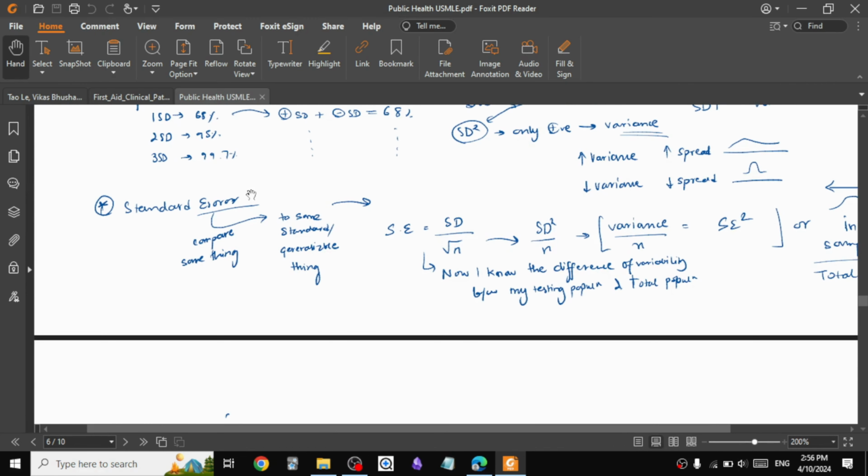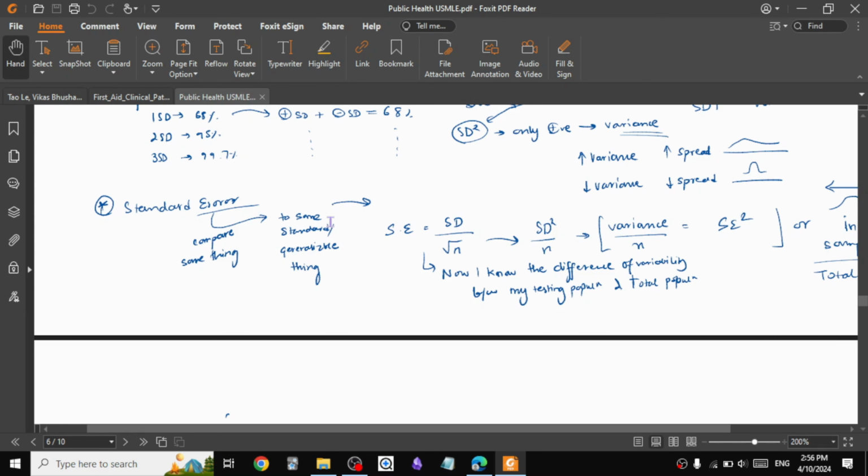Now we understood what standard deviation is. Now there's something called the standard error. What does the standard error do? It compares something to some standard, generalizable thing.